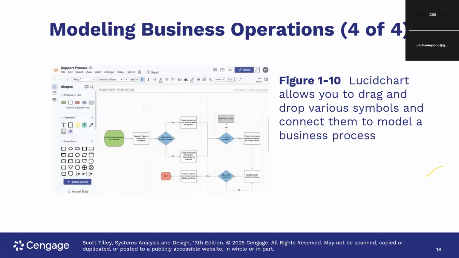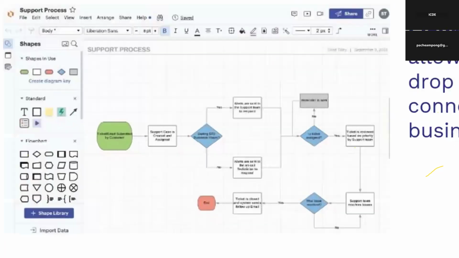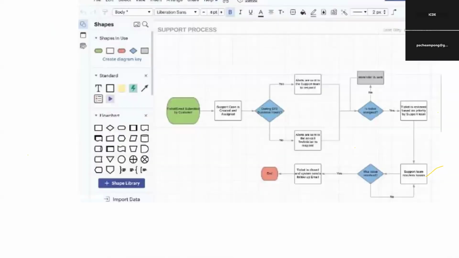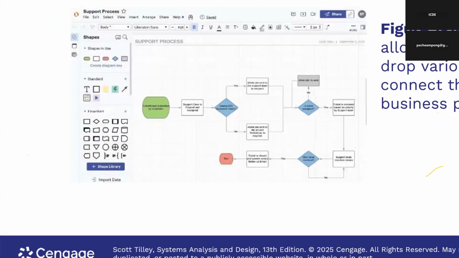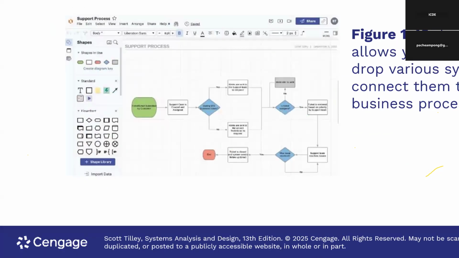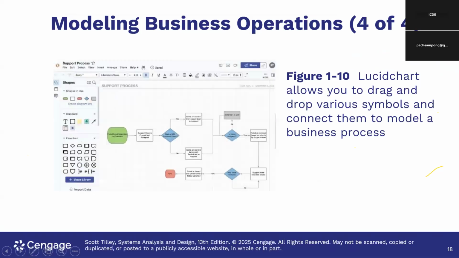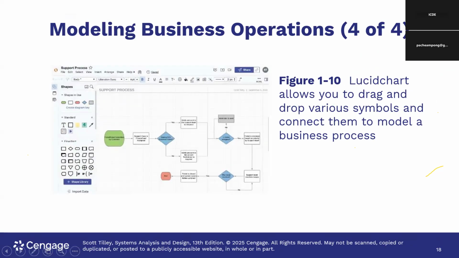Okay, so this is a typical example of a chart. And when you zoom in, you'd see it stating whatever is going on. So the assignment will also help you know why certain shapes are being used and why other shapes are not being used. Is that okay?